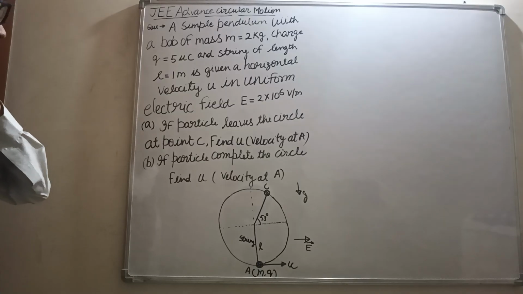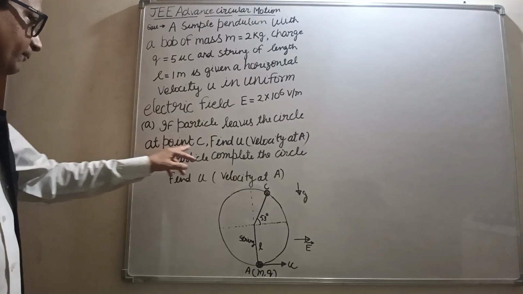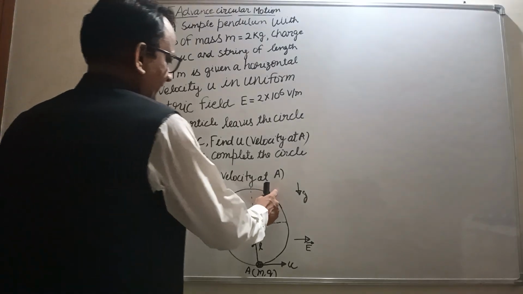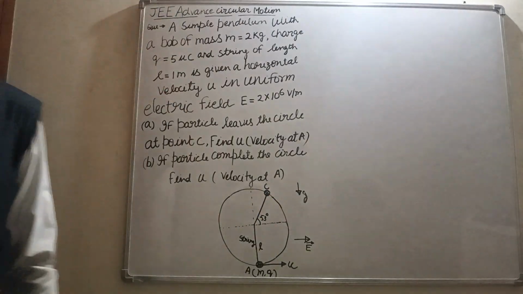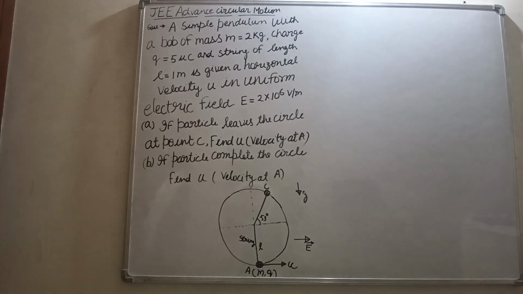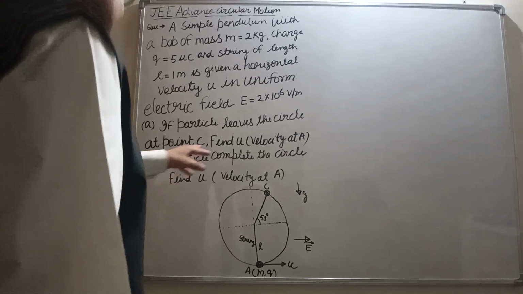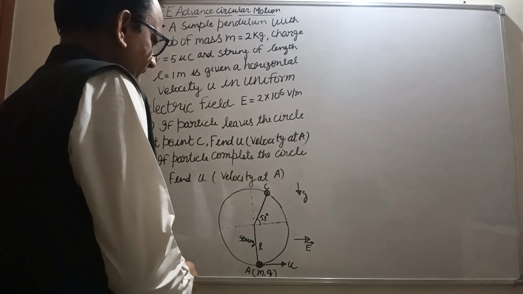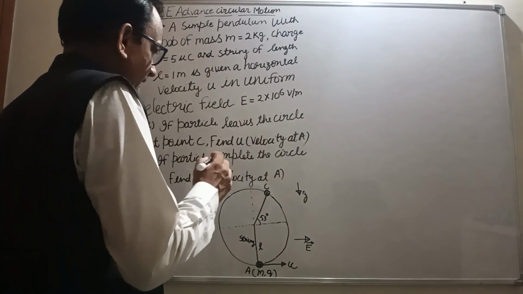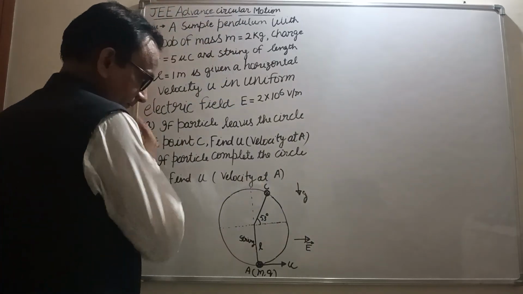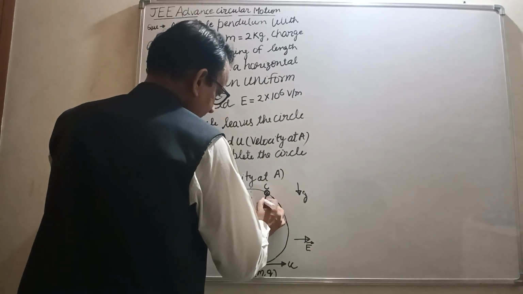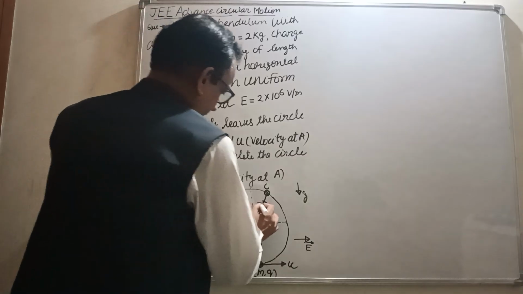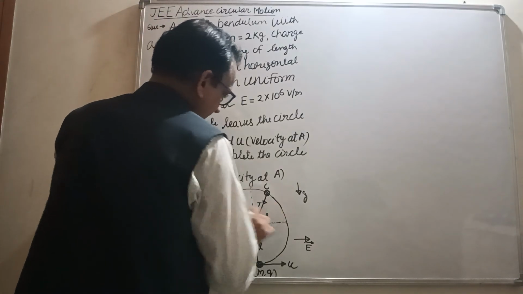So at point C, when the particle leaves the circle, this means we draw here the tension acting here. Suppose this tension is Tc for this point.